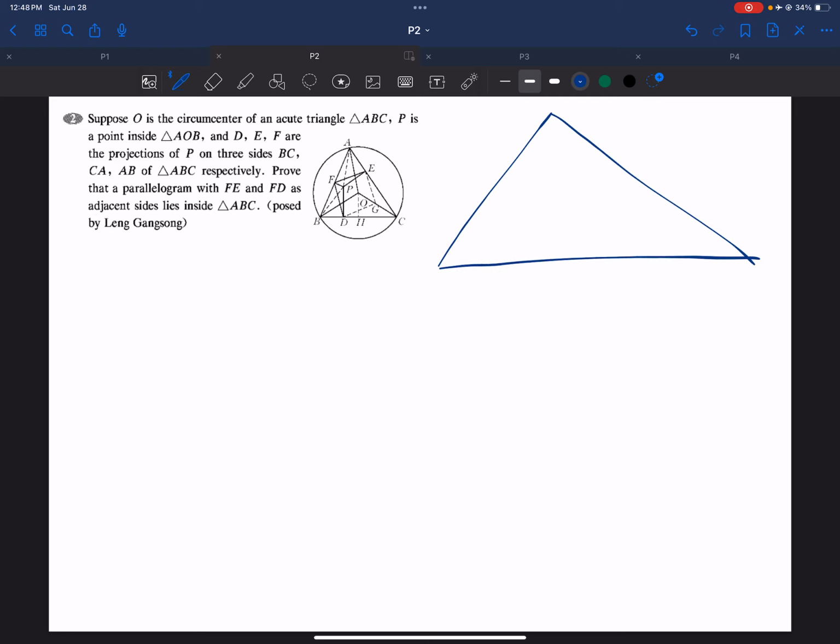Okay, and then the circumcenter will be, no, I didn't draw a good triangle. This looks like a right angle, but we need an acute triangle. So I should draw it like this. This is better.